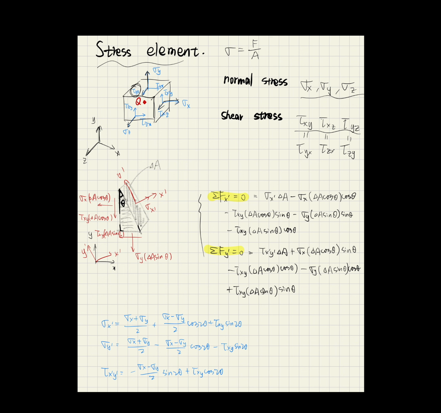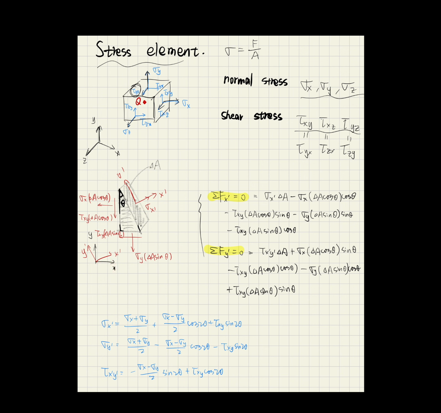Now let's move on. For this shaft, we have this plane whose area is delta A, and this angle theta. The original coordinate system is in black, x and y.